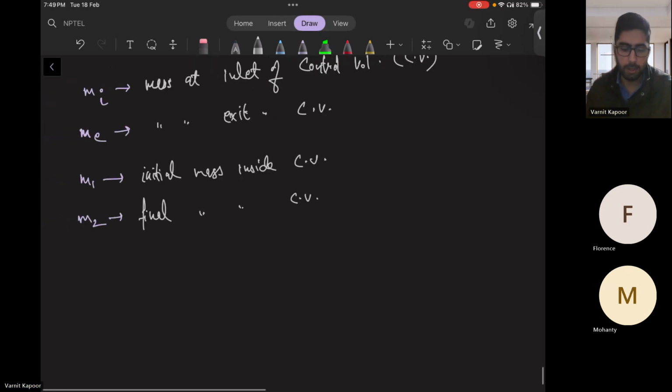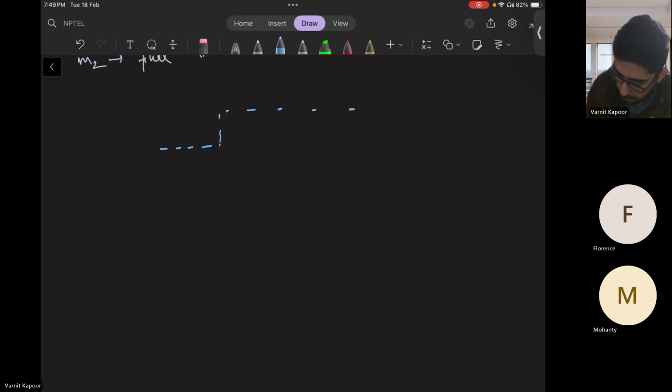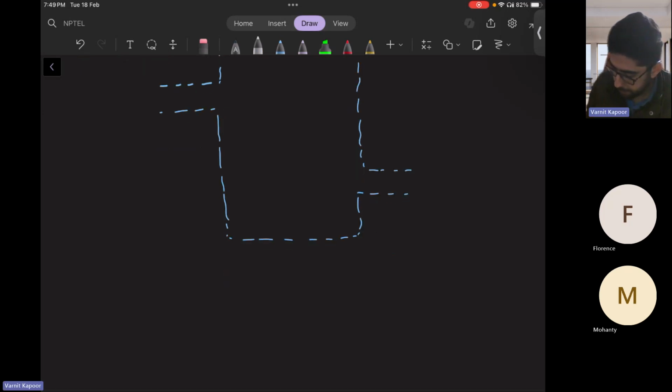All right, so we'll make a diagram for this again of the control volume. And we'll define a datum here.